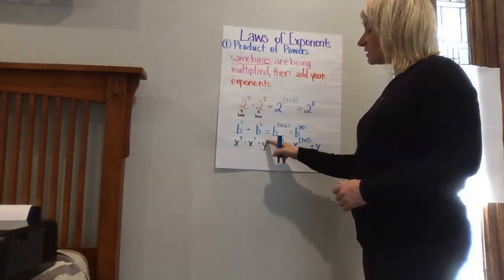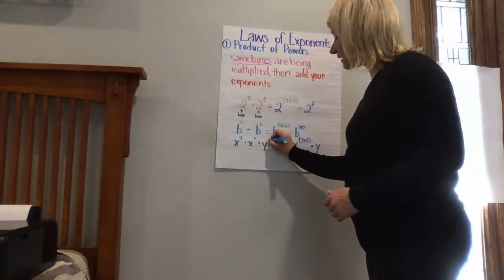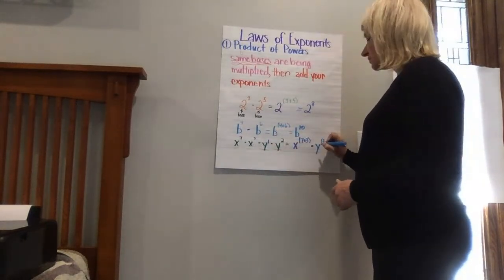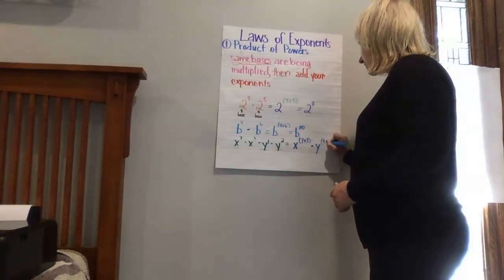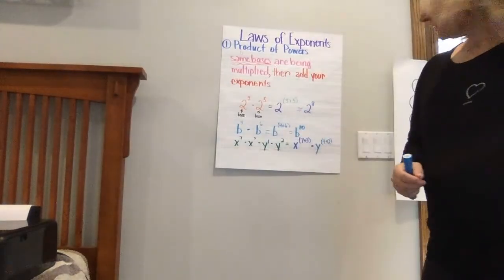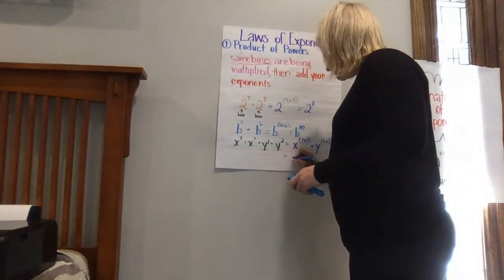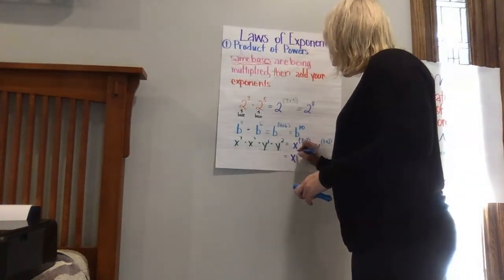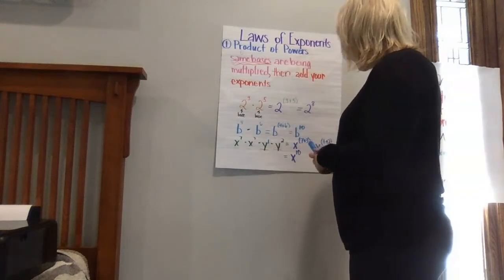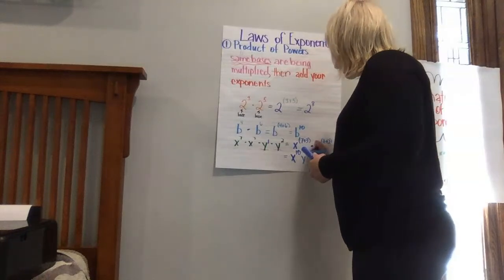When we have no exponent here, the assumption is that it is 1. This is y to the 1st power. So you'd have 1 plus 2. Let's continue to simplify. We have x, 7 plus 3 is 10, and then times y, 1 plus 2 is 3.